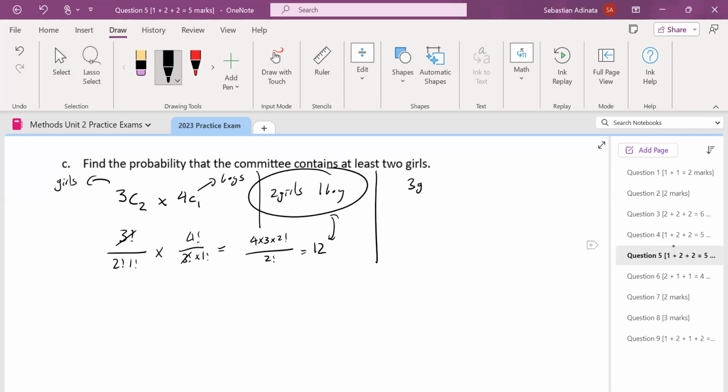Next, we'll do 3 girls. So it'd be 3 choose 3 times 4 choose 0, because we're choosing 0 boys and we're choosing 3 girls out of 3 girls, out of 4 boys.